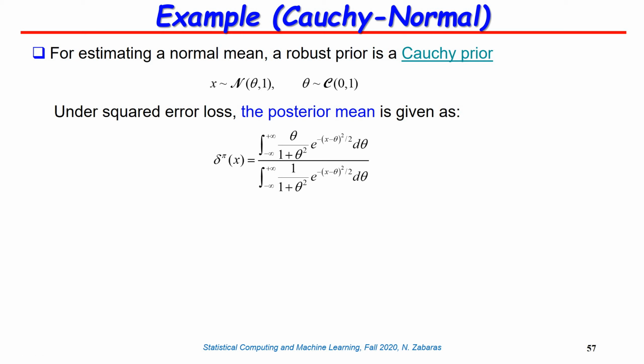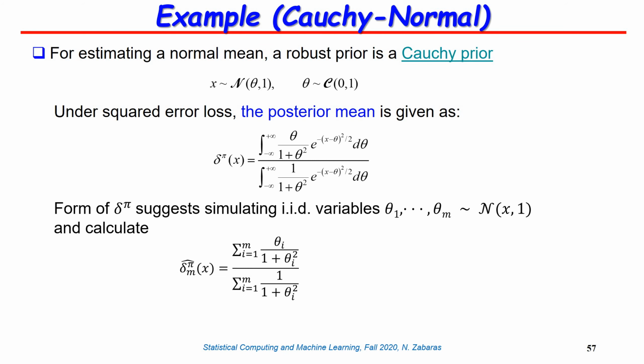So effectively, you can immediately see that you can do both integrals by taking Monte Carlo approximations of the numerator and the denominator. So the posterior mean estimate with Monte Carlo is given by this ratio. Again, I will advise you to be very careful when you compute the error when you use a ratio of Monte Carlo approximations.